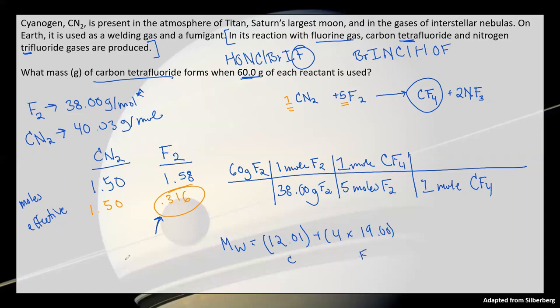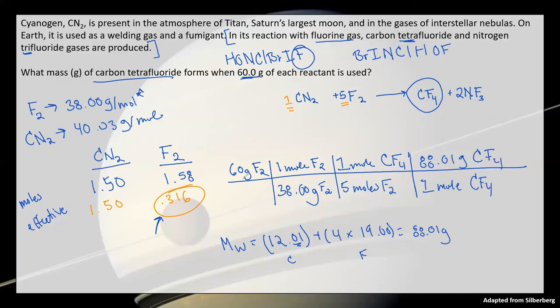So 12 plus 4 times 19 is going to come out to 88.01 because of our .01 from carbon, grams. So 88.01 grams CF4.